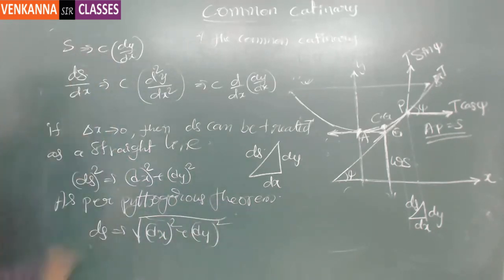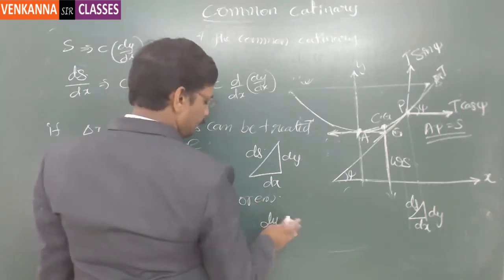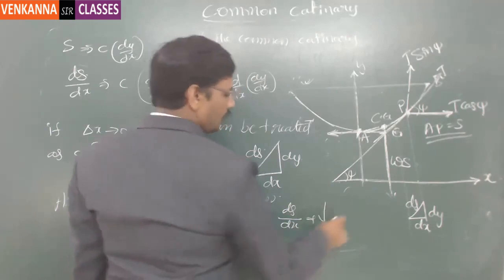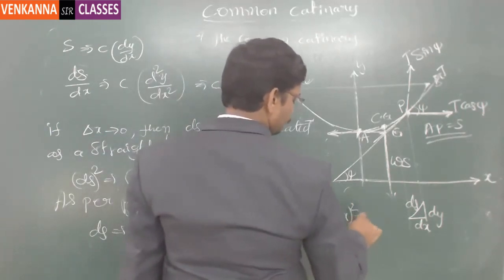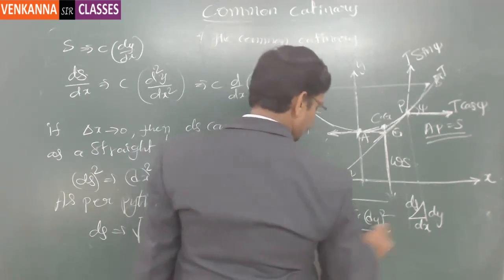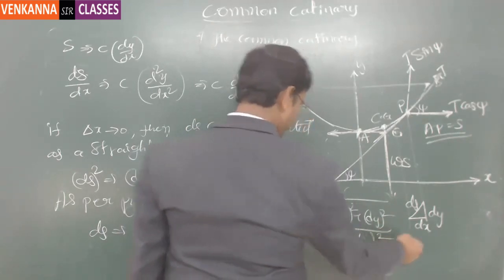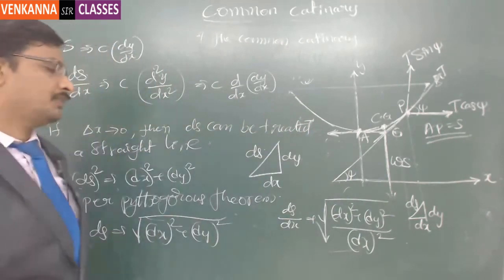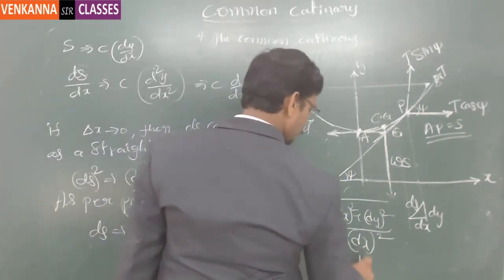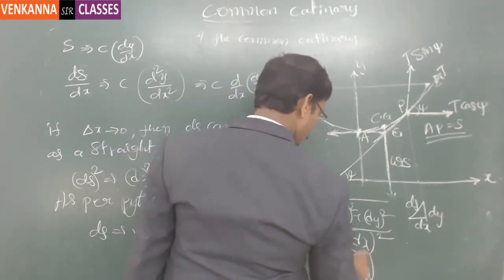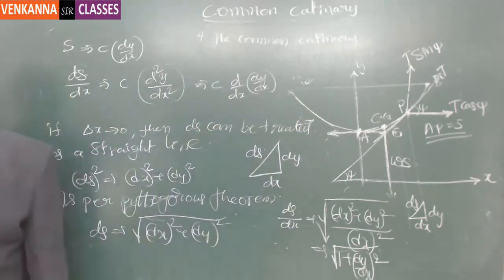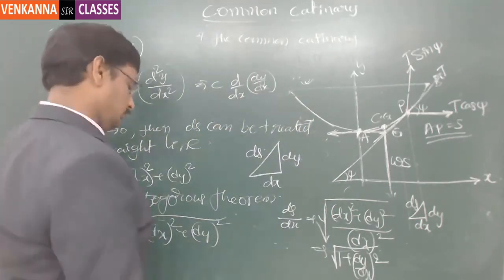If you replace it here, ds by dx is equal to square root of dx square plus dy square whole divided by dx square. So this is the ds by dx value. This can be written as square root of 1 plus dy by dx whole square. Got it? Note down this.